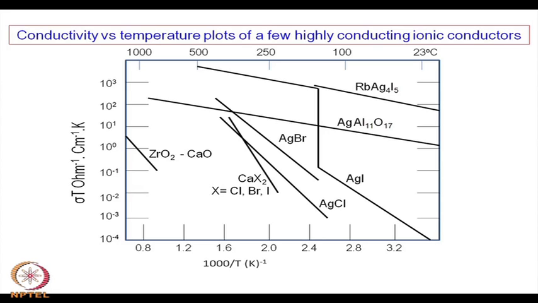So, at a very low temperature, very close to room temperature, within 100-150 degrees, you have a very high conductivity of cations. And once again, silver beta alumina or lithium sodium beta alumina in particular has a lot of industrial applications.